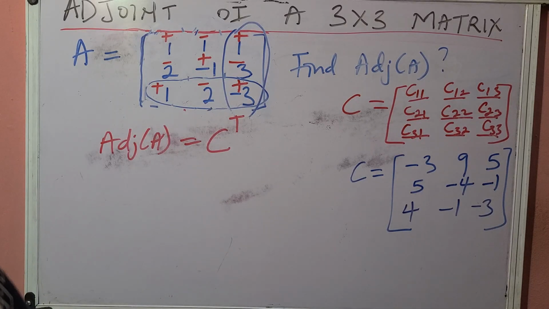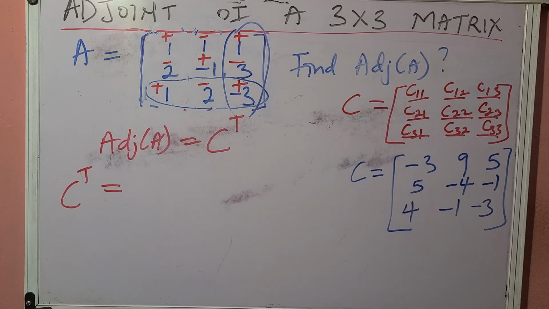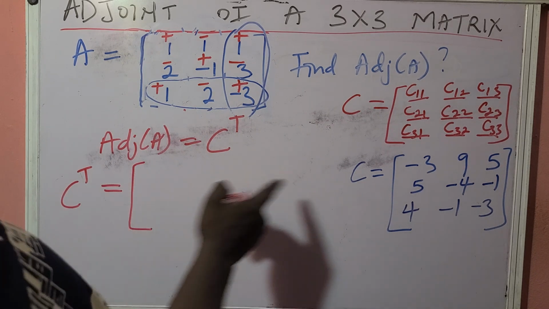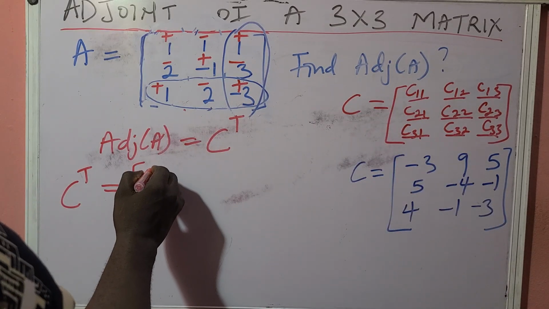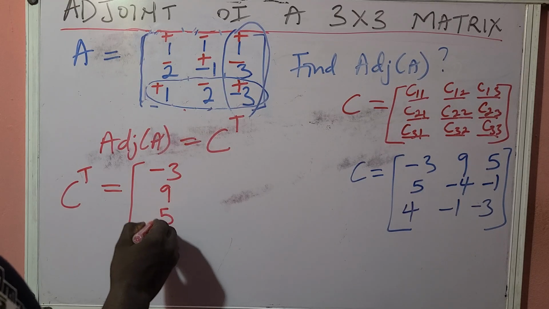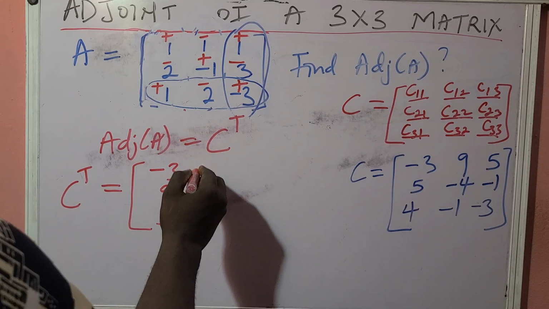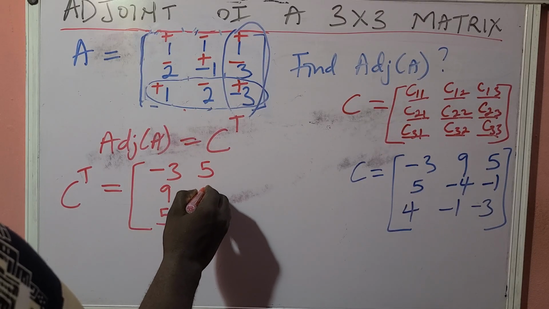You have to transpose this. And how do you transpose that? Of course, you just have to interchange the rows with the columns. So what you have right here, you have minus 3, 9, 5 as the row 1. It becomes the column 1. So just like this. Then row 2 is 5, minus 4, minus 1. That becomes column 2.